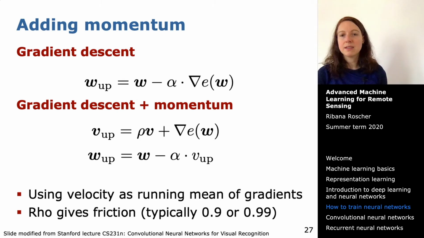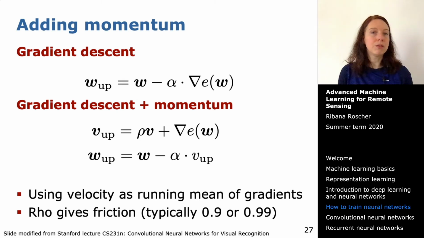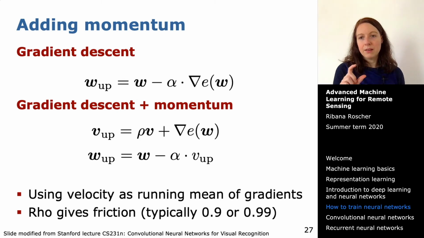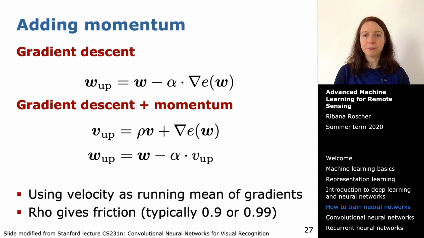The velocity is nothing else than the running mean of the gradients. Here's another parameter which is used, which is actually not so bad: this rho is the friction, and this friction is generally just set to 0.9 or 0.99, so you will be quite okay in choosing this kind of value.